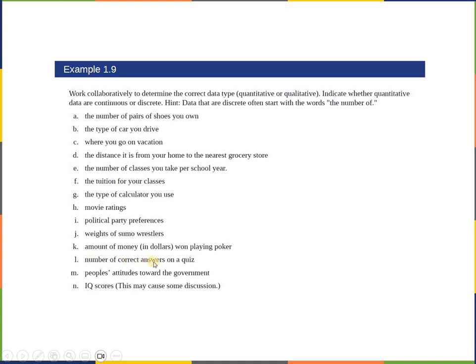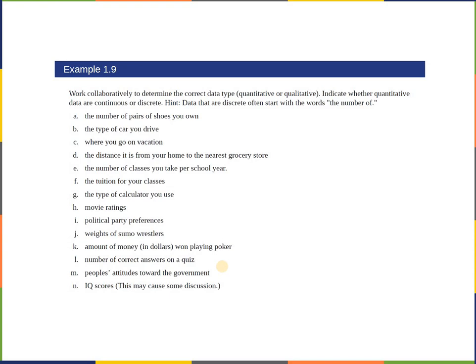The number of correct answers on a quiz. So the number of correct answers is going to be quantitative. It could be 1 answer is correct, 2 answers are correct, 3 answers are correct. Depends on how many questions we have in the quiz. So you get the idea. You can't have half an answer that is correct, especially if it's multiple choice.